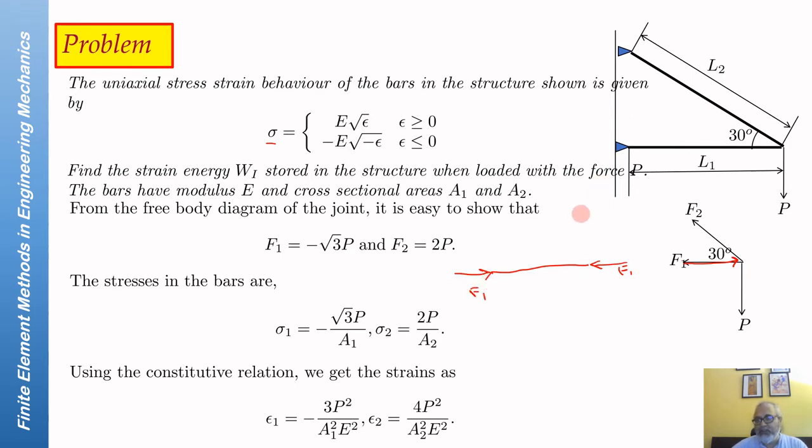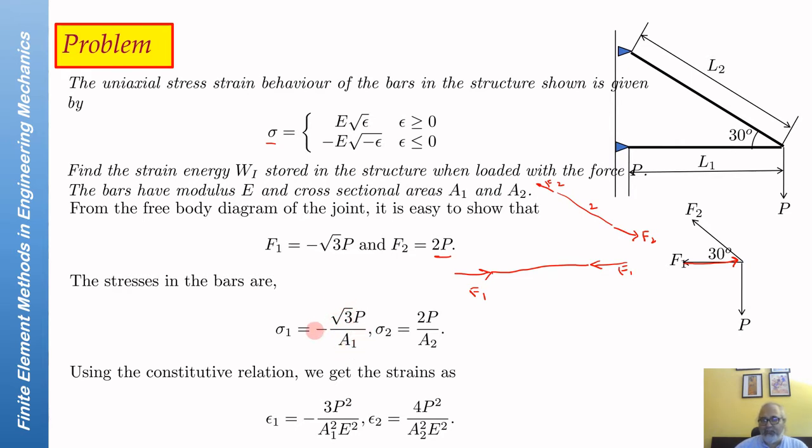The other bar is subjected to tension because this is F2 like this and F2 like this. So this is bar 2, which is in tension, and the stress in it is 2P by A2, where 2P is the force and A2 is the area. The stress on the first bar is compressive, minus root 3 P by A1.